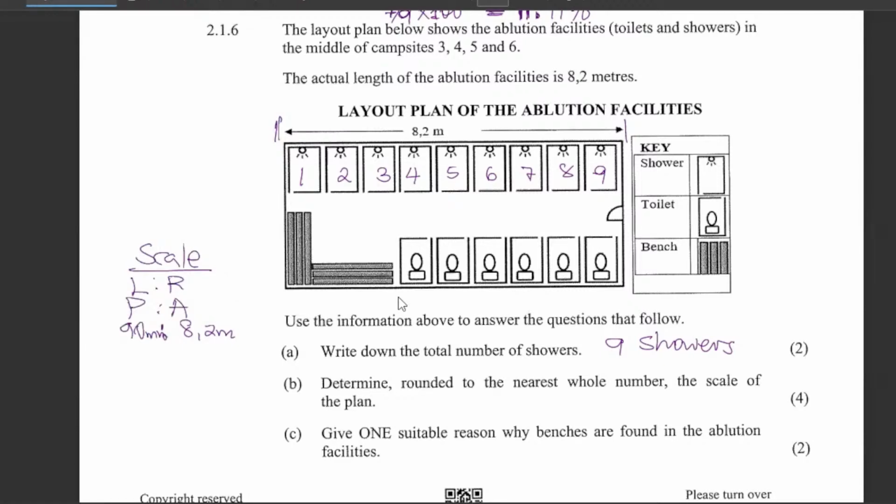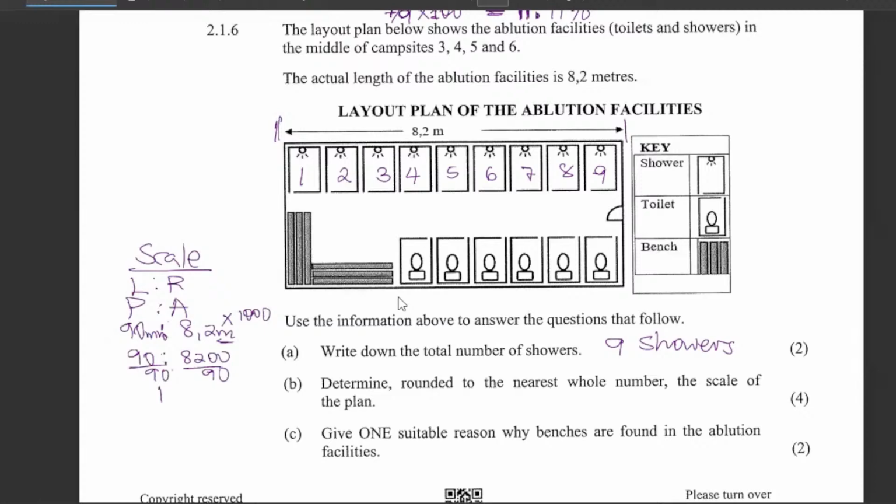Now, because I'm looking for the scale, I need to change the meters to millimeters. So I multiply by 1,000. So it's going to be 90 is to 8.2 times 1,000, which is 8,200. Divide by 90, divide by 90.